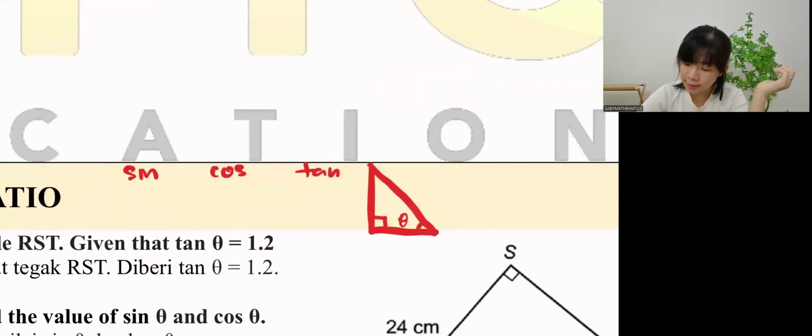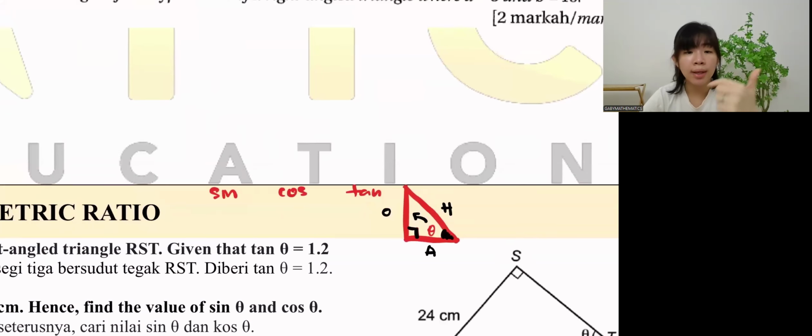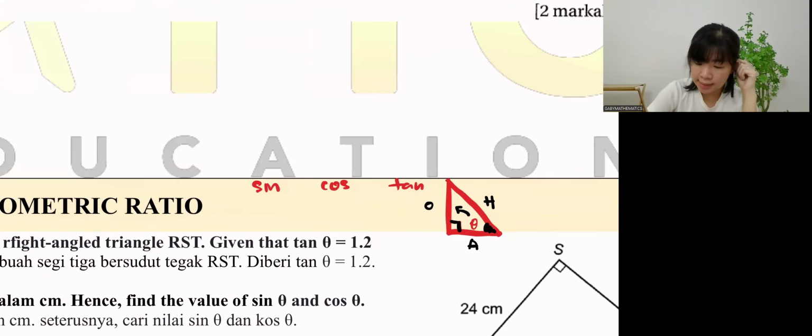Let's say the angle is here. Opposite of the angle is called opposite. Opposite of 90 degrees, what do we call? The longer side. Opposite of 90 degrees is called H. And then the remaining is called A, adjacent. OAH. Okay, make sure you're able to label OAH. Okay, for sine, what is the formula?